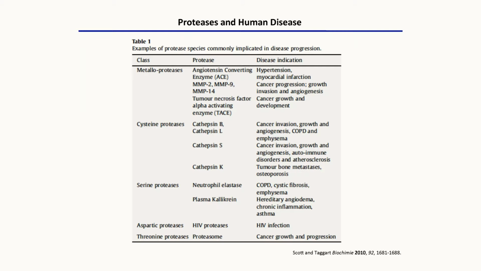And so this is a table just to give you a sense of the breadth. What we see in terms of the class is that all of the classes are represented here, and that we see diseases ranging from cardiovascular problems to cancer, et cetera, cystic fibrosis, inflammation here.